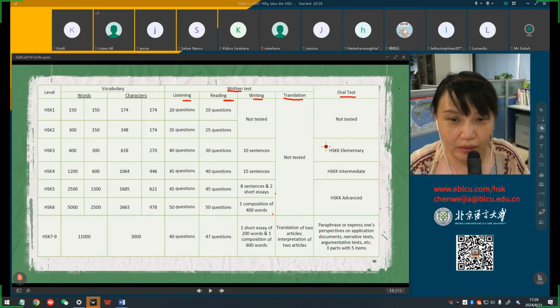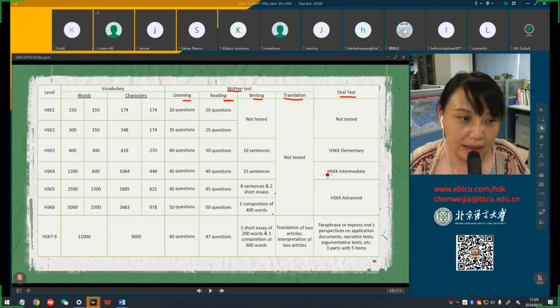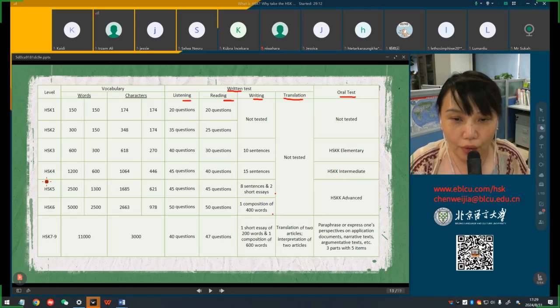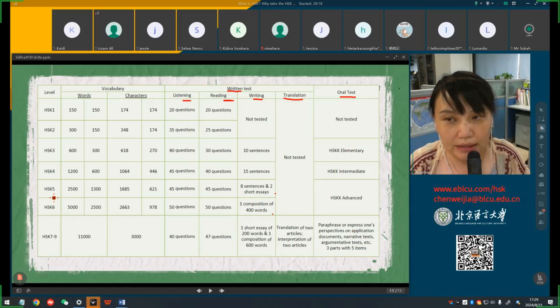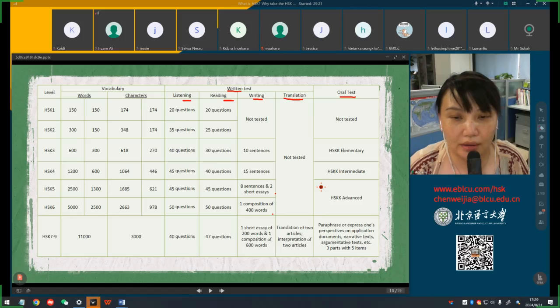The K refers to 口语, oral. HSKK is the HSK oral test. HSKK elementary for HSK 3, HSKK intermediate for HSK 4, and HSKK advanced is required for HSK 5 and 6.